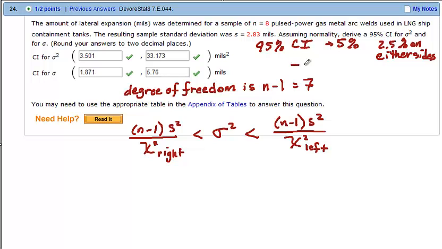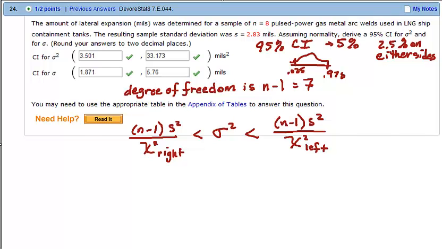So if I break that down in something that looks like a normal, that means I would have 0.025 or 2.5% over here, but then on this end it's 100 minus the 2.5%, so that would be 0.975, and that's what you're going to be looking up in our chi-square tables.